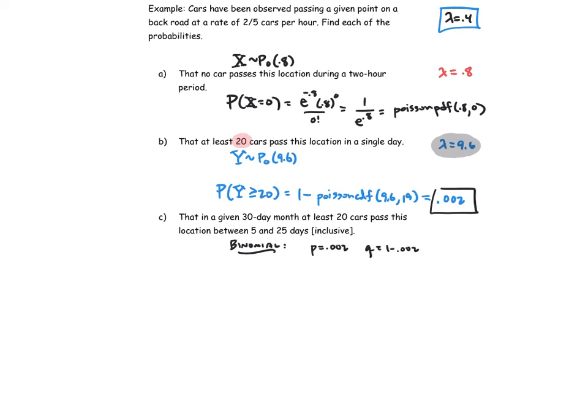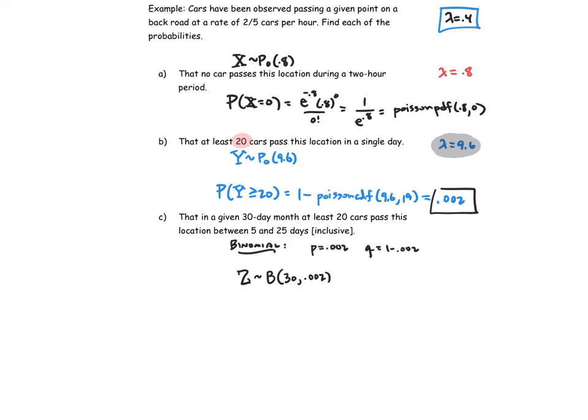Okay, so what we want to know then is the probability. I'm going to write out a new variable, and Z here is going to be binomial with, let's say, 30 and P 0.002. Okay, so 30 trials, 30-day month.